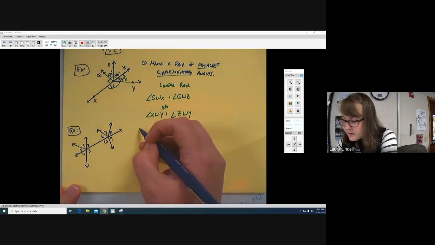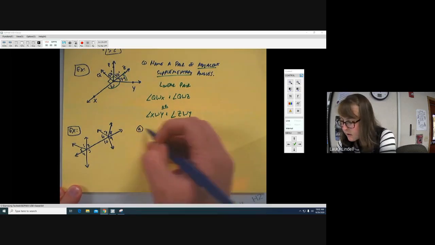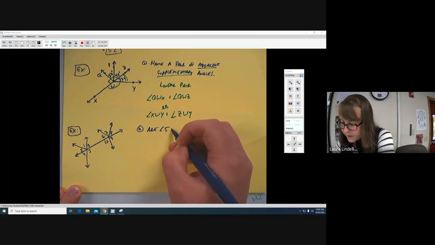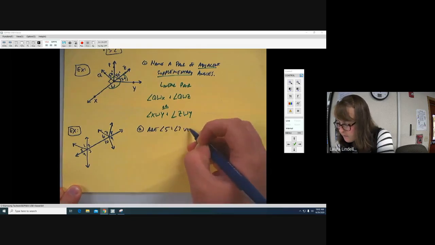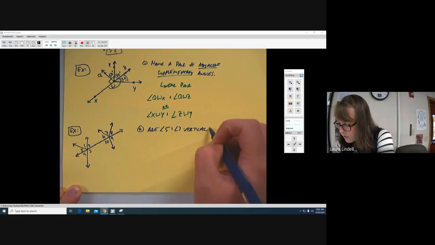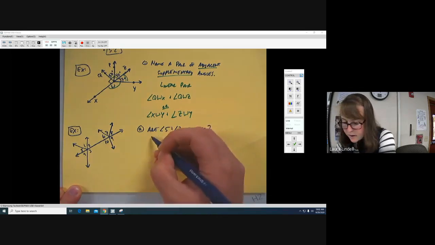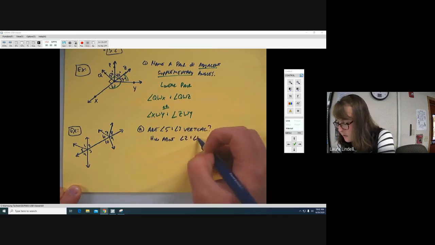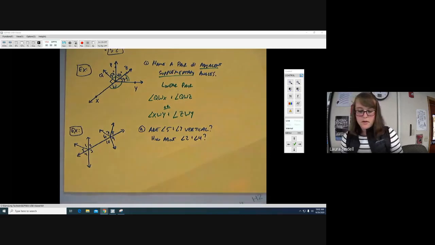So we could be asked maybe, are angle 5 and angle 3 vertical? Or how about angle 2 and angle 4? That's one question we could be asked.